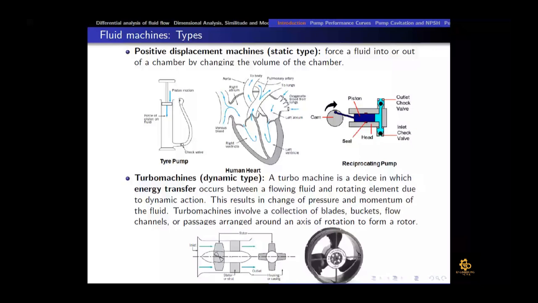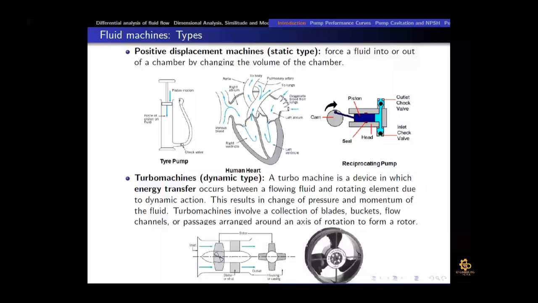So this rotor can have a casing, as in case of the centrifugal pumps, we call it scroll, or it can be open like a ceiling fan. So there is no casing on a ceiling fan. So it is kind of open flow outside that fan, right?